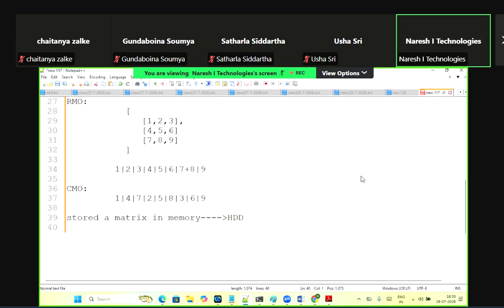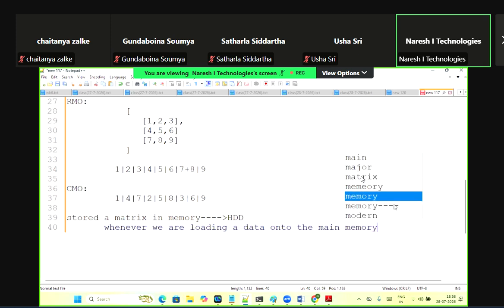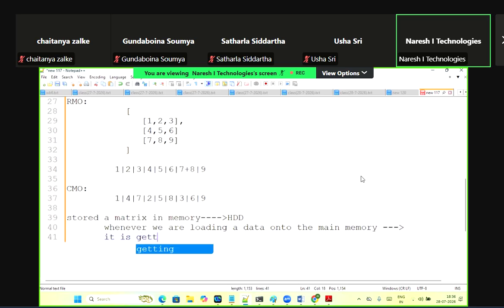Hard disk is the only permanent storage. Now, whenever you are loading this data onto the main memory, it is getting loaded in the form of pages.